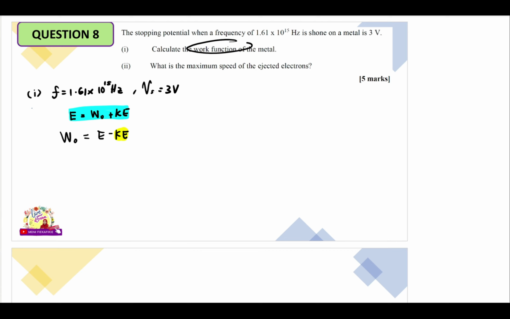Sorry, no short animations for this chapter. Okay, saya akan cover dalam sesi depan untuk pelajar baru lah. Okay, so kinetic energy is equal to, kita boleh kira kinetic energy menggunakan equation the charge of the electron times the stopping voltage. Okay, so daripada situ kita boleh kira lah E is equal to hf minus eVs. Okay, kita masukkan nilai dia.